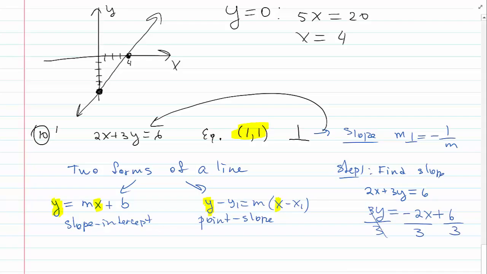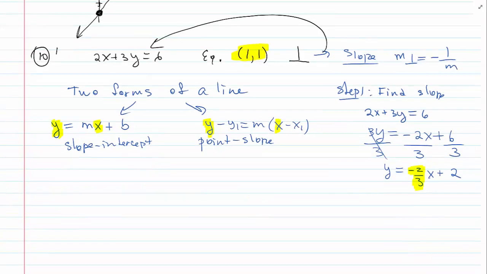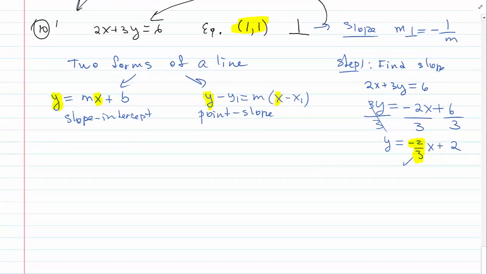And then we get negative 2/3 x. The other thing is not important. The fact that it's plus 2 doesn't really matter. What we care about is this number in front of x. So that's the slope of the line.